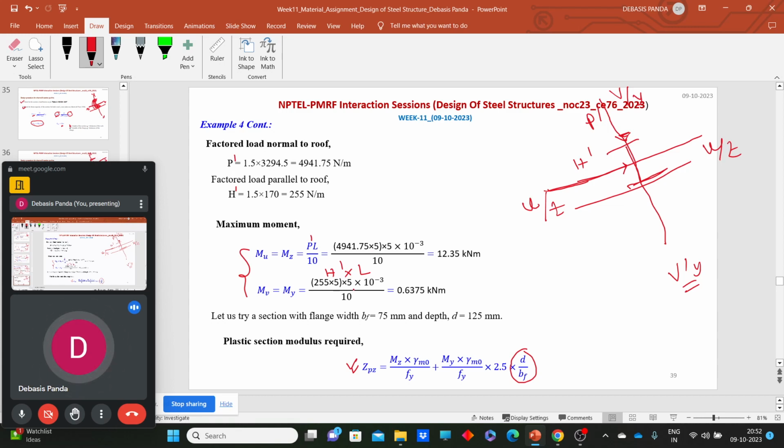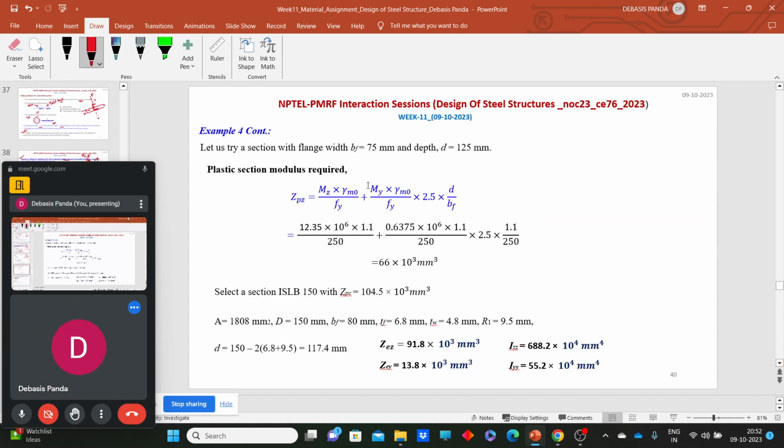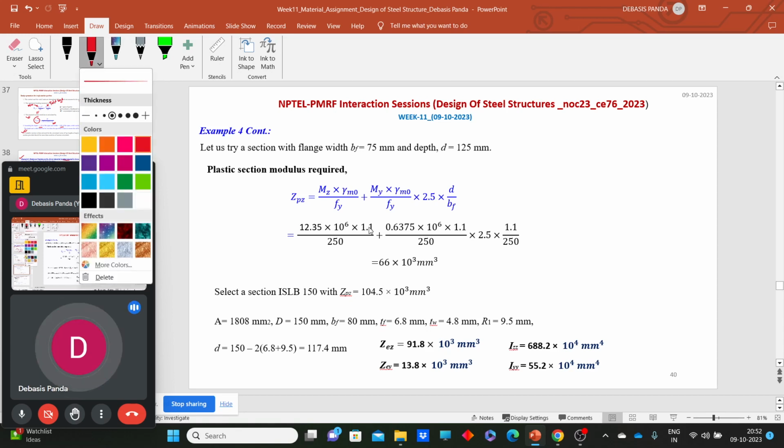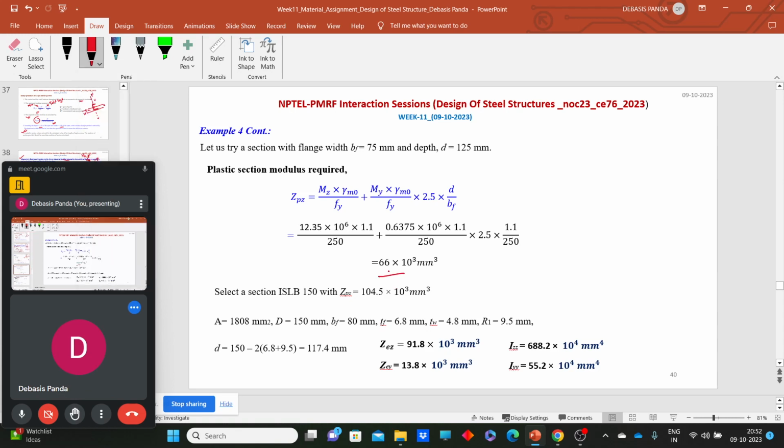So for example, let's try with a flange width of 75 mm and d of 125 mm. If we use these two data, now we can have a value of required plastic modulus as 66 into 10 cube mm cube.